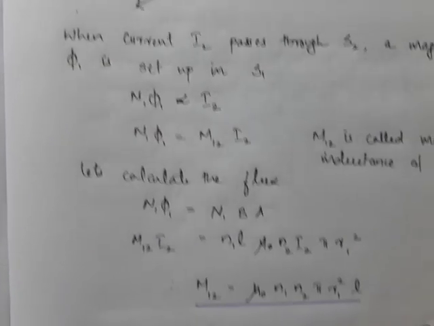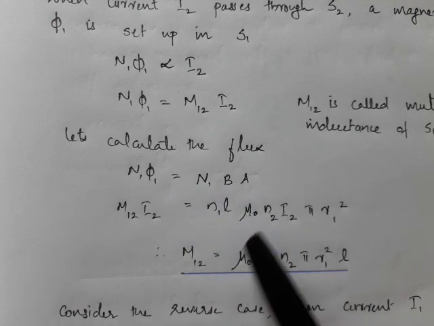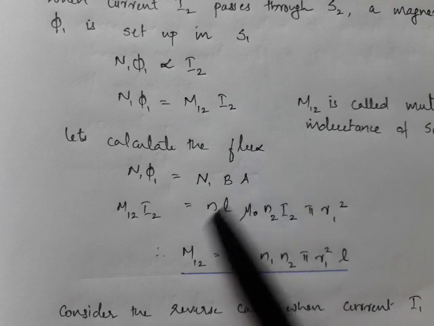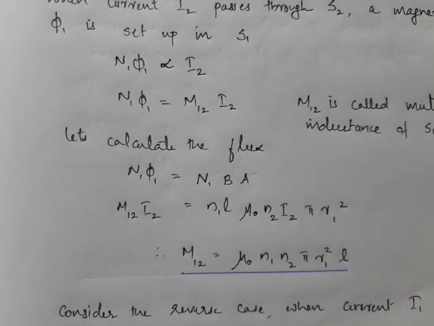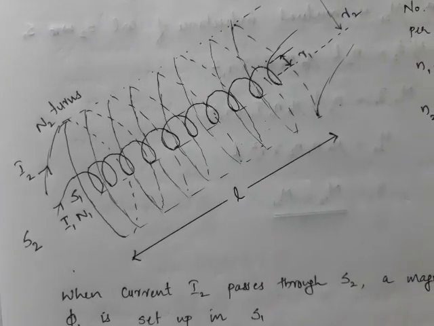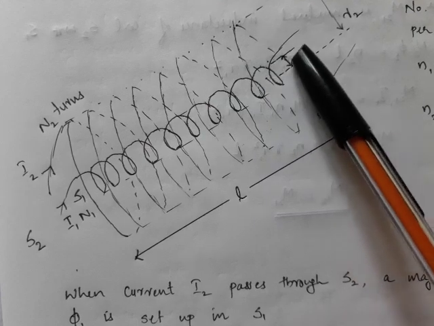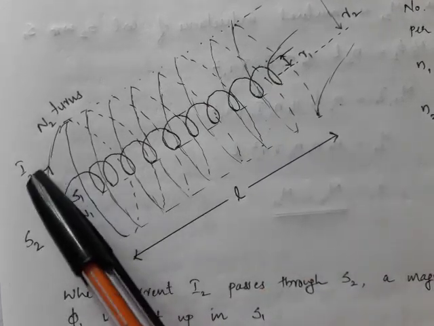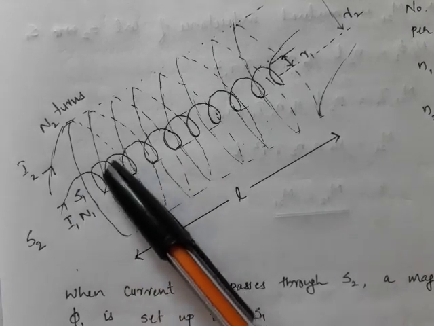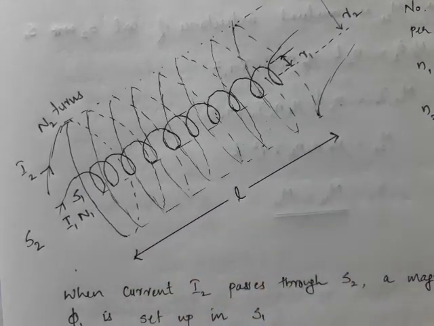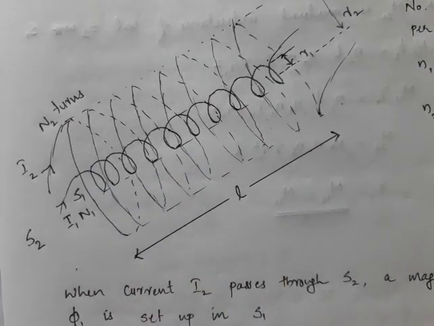Now substitute capital N1 as n1L, B as mu0 n2 I2, and the area of the coil, pi r1 squared. Here the flux is through the first coil S1, so the area is the area of this coil, radius R1. Even though the flux is created by S2, we are checking the flux in S1, because the flux in S1 is proportional to the current in S2.